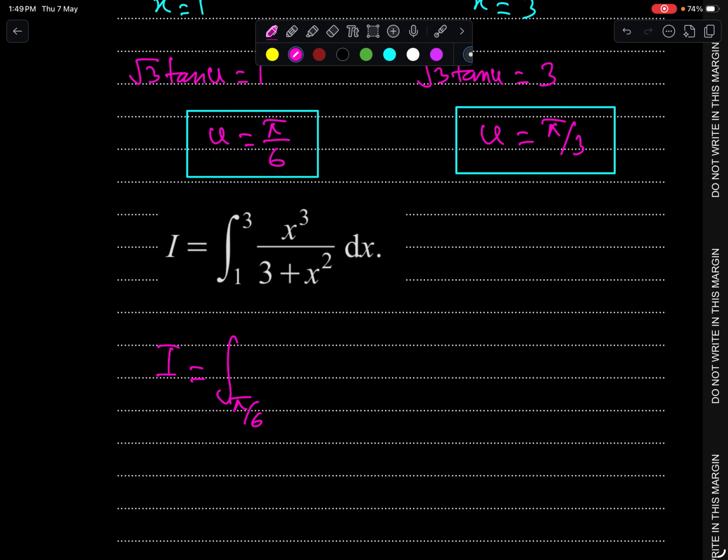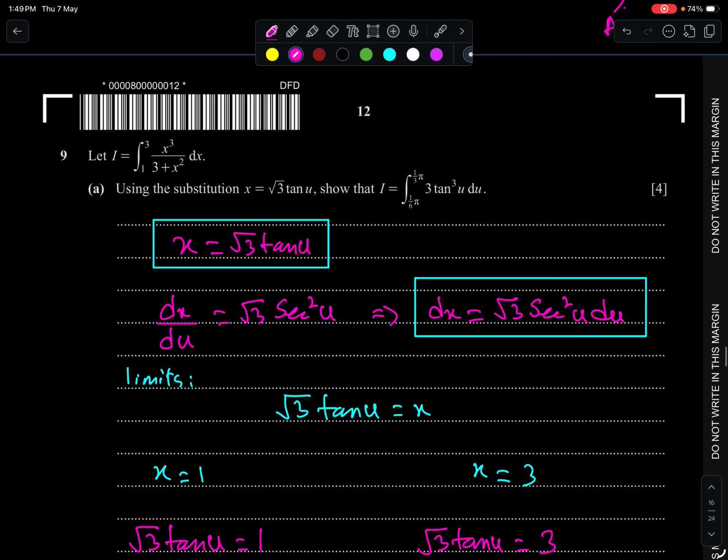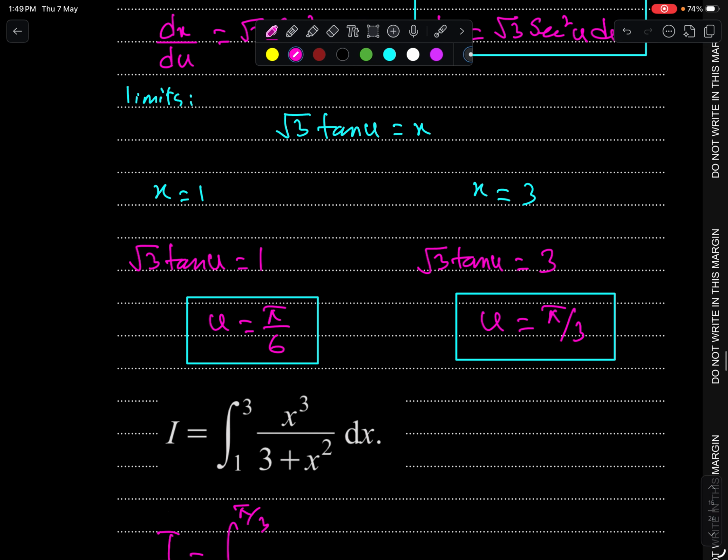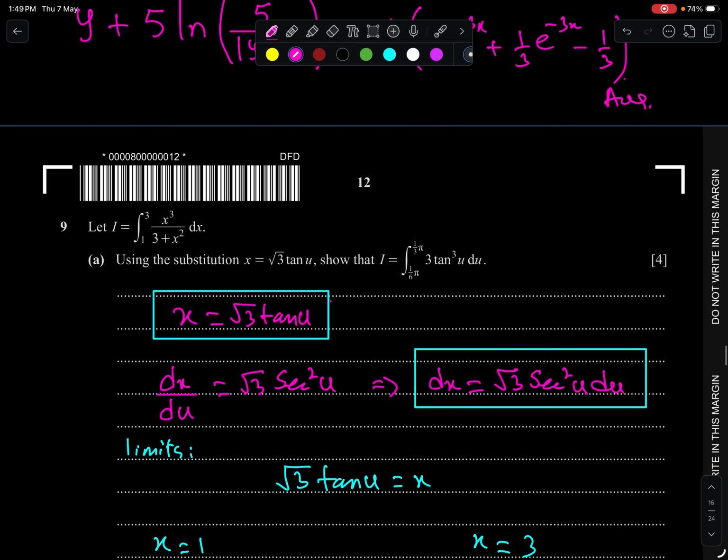So pi by 6, pi by 3. X cube. Now get x cube from here. Also x square as well. We need both x cube and x square. So get both. So from this we are getting x square, which is 3 tan square u, and x cube is 3 root 3 tan cube u.